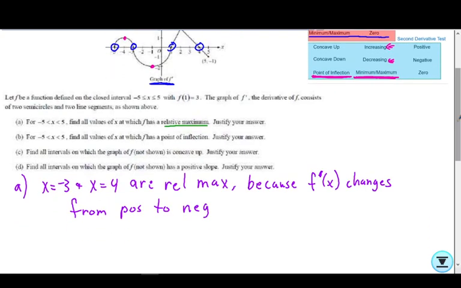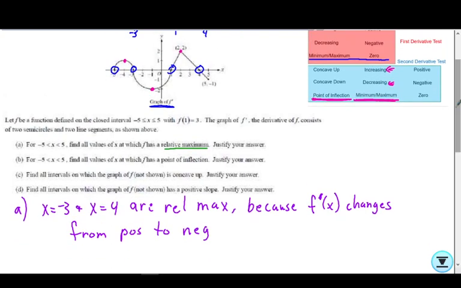So basically we're looking for where it changes from increasing to decreasing or decreasing to increasing. Well, let's look. At -4, my derivative goes from increasing to decreasing, so that is a point of inflection. Here at -1, my function goes from decreasing to increasing. Here at 2, my function goes from increasing to decreasing.